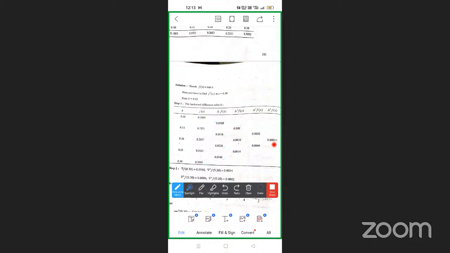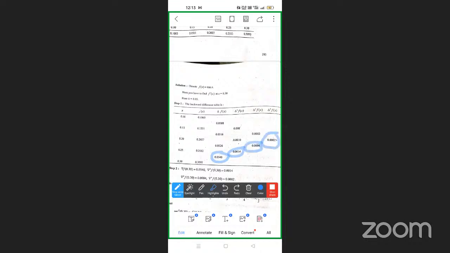In forward differences we take delta f of x, delta square f of x, delta cube, delta power 4 in the forward derivative formulas. But here we are taking backward differences: nabla f of x, nabla square f of x, nabla cube f of x, nabla power 4 f of x.